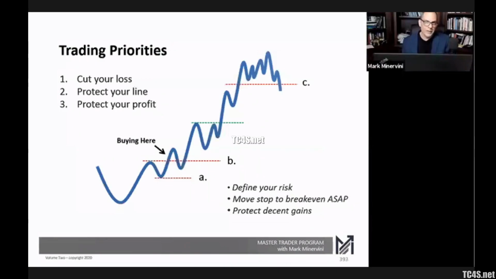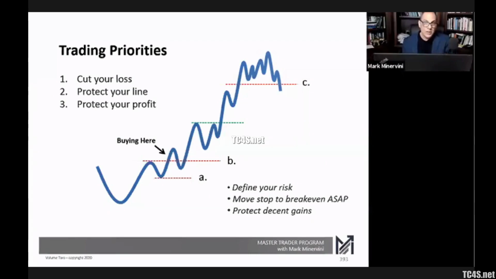Here are your trading priorities, right? When you're trading, the very first thing that you want to determine is your risk. That's the first thing that you're going to determine. My risk determines everything when I make a trade. That's why I'm looking for that tightness on the right side. I want very low risk entry points, and risk is everything where I'm cutting my loss. So I define my risk.